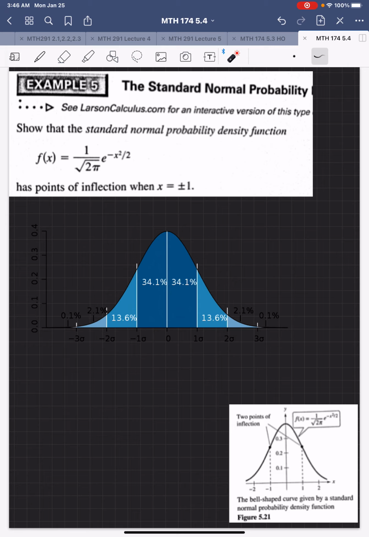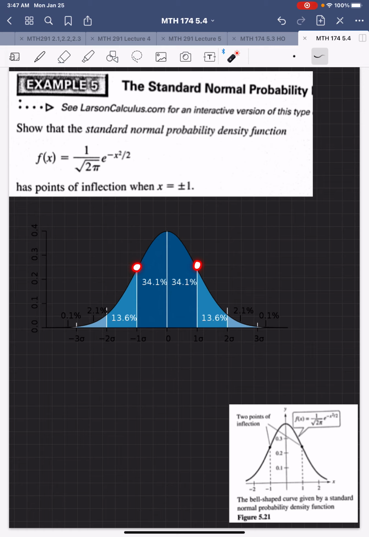But what you would find is once you take that second derivative and set it equal to 0, you would get that the second derivative is equal to 0 when x is equal to -1 or +1. And that basically is pointing out that these points here are inflection points.